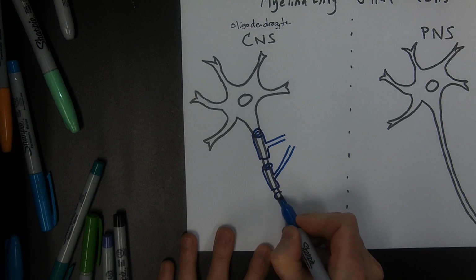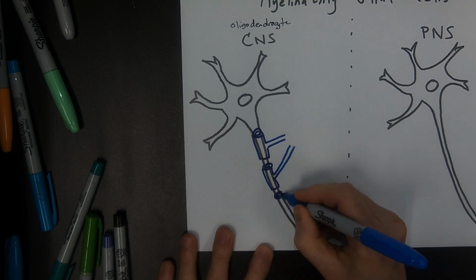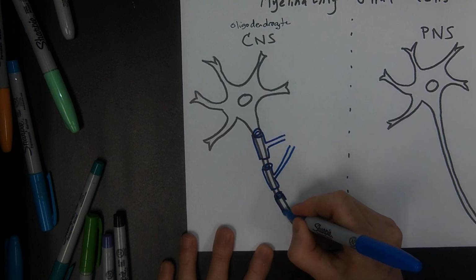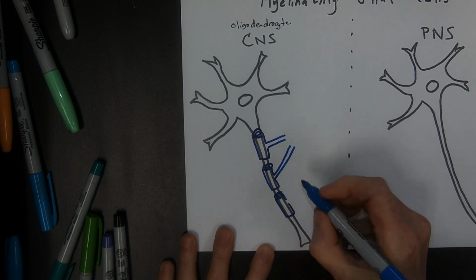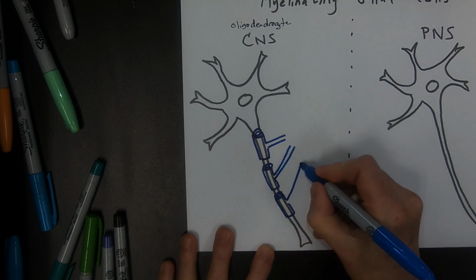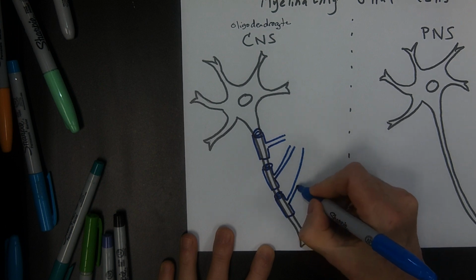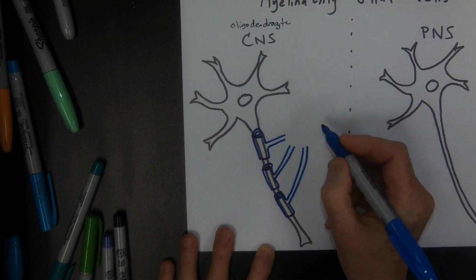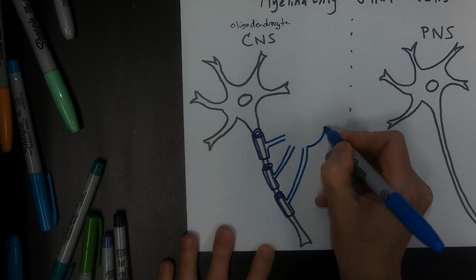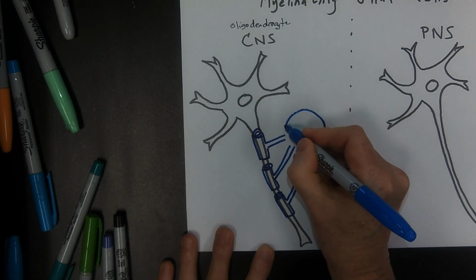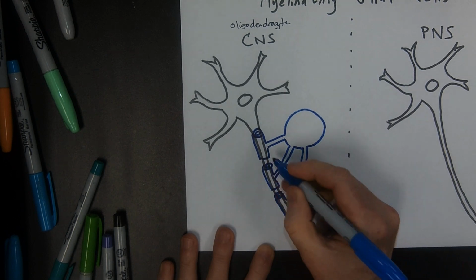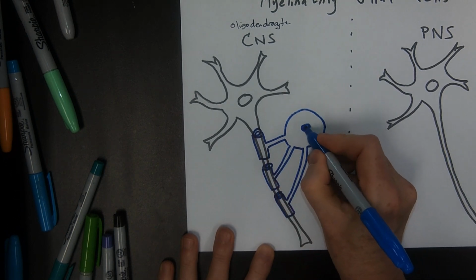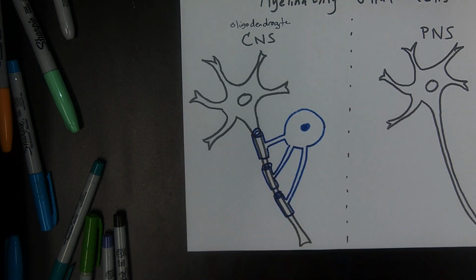So here I have 3 myelin sheaths that are being put out by the oligodendrocyte, and the oligodendrocyte itself has a cell body. It puts out these appendages that wrap the axon with myelin sheaths.